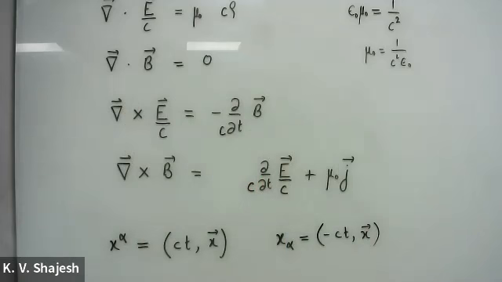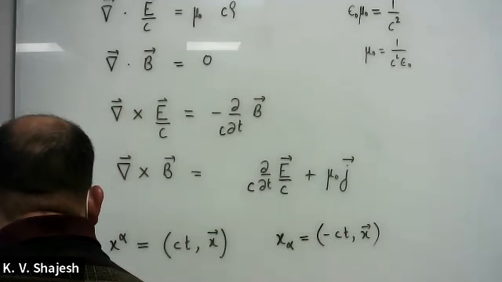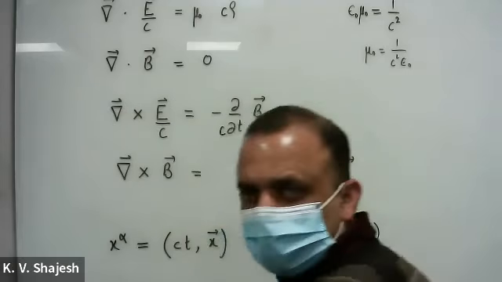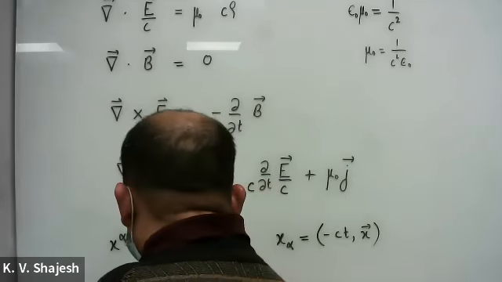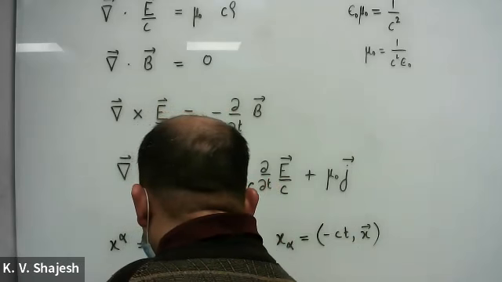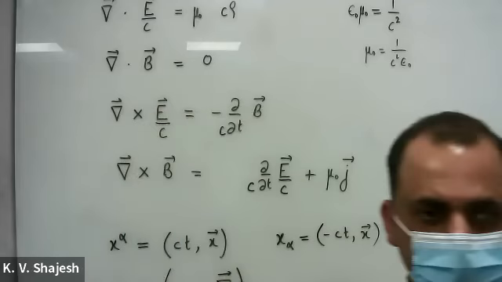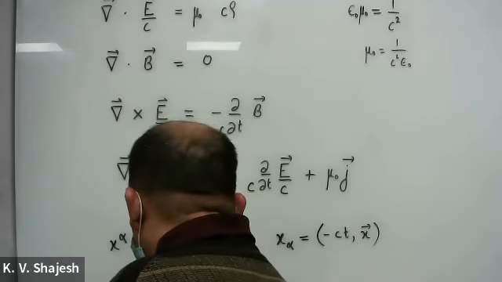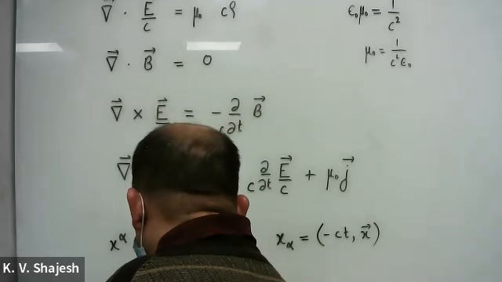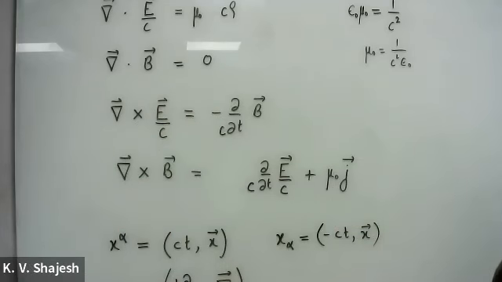And we now have to define what about d alpha. So this is now the derivative. Now the derivative is defined as the spatial part is the gradient itself, and the time part is the derivative with respect to t, but there is a c there, just for dimensional purposes.